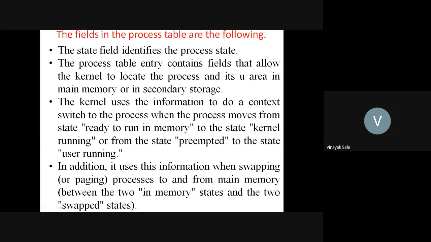The kernel uses the information to do a context switch to the process when the process moves from ready to run in memory to kernel running, or from the state preempted to the state user running.